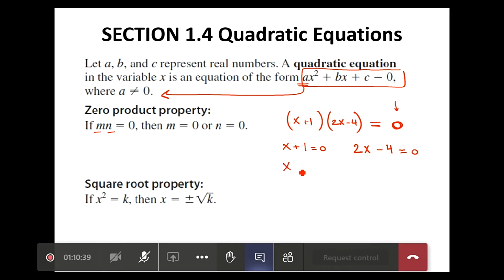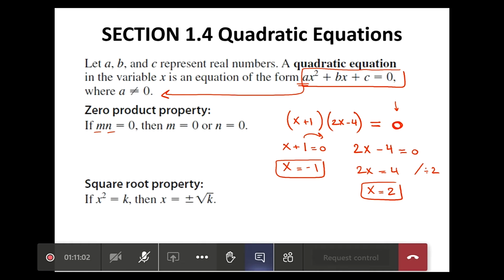So x equals negative 1 after moving the positive 1 to the right-hand side, or 2x equals 4, after dividing by 2 we have x equals what? 2. So we have two solutions for this equation.